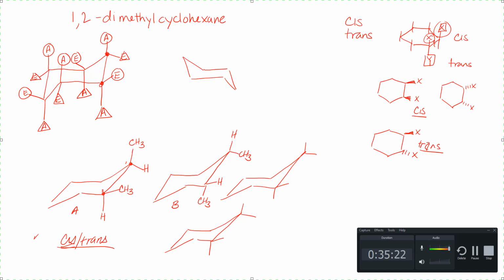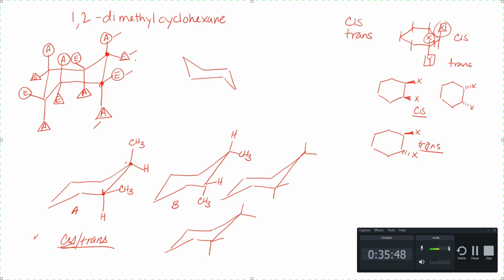They're both either above or below. Now remember up here that I have axials above, but I have axials below, and I have equatorials below, and I have equatorials above. So the axial and equatorial don't necessarily tell me whether it's cis or trans. And they don't tell me that at all, actually.